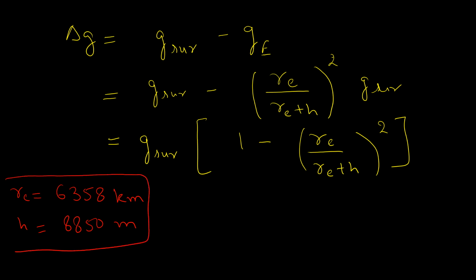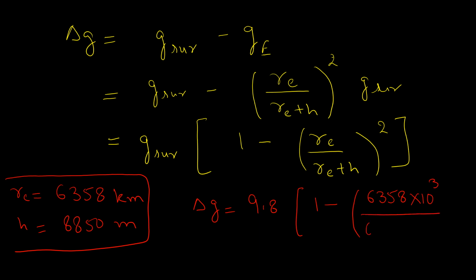So delta G will be g surface, which is 9.8 meters per second squared, times 1 minus R_E, which is 6358 kilometers, that means 10 raised to the power 3, so 6358 times 10 to the power 3, divided by 6358 times 10 to the power 3 plus 8850, squared for this whole expression.